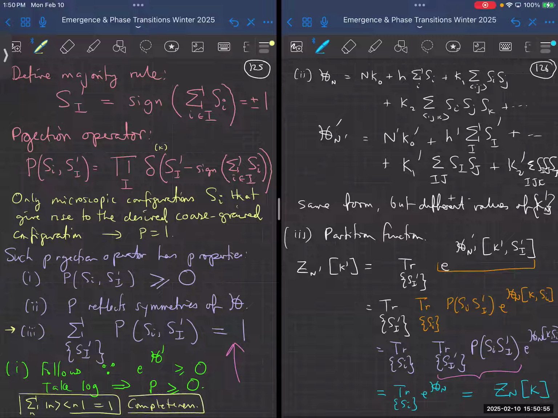It just says I can take my state vector, write it in terms of some arbitrary eigenfunctions, and then the sum of those eigenfunctions will just sum up to 1. So all this is saying is, if I sum over every possible coarse-grained configuration of the system, all I'm going to end up with is just 1. And that's what the projection operator is doing. And you can verify it over here.